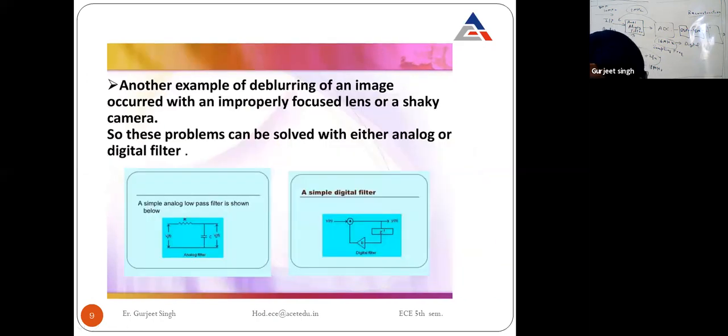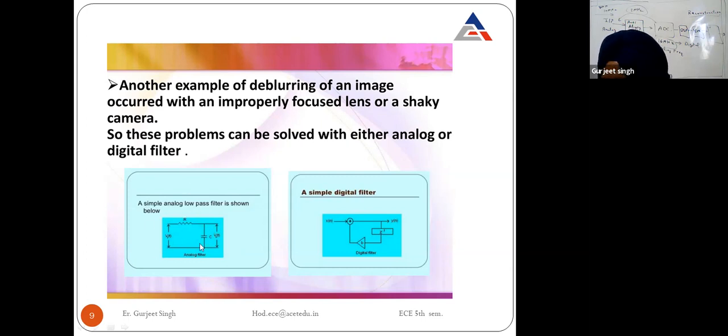So these are the diagrams of the analog filter and the digital filter. We have a number of advantages of using the digital filter as compared to the analog filter. Basically, our analog filter consists of resistance and capacitor.